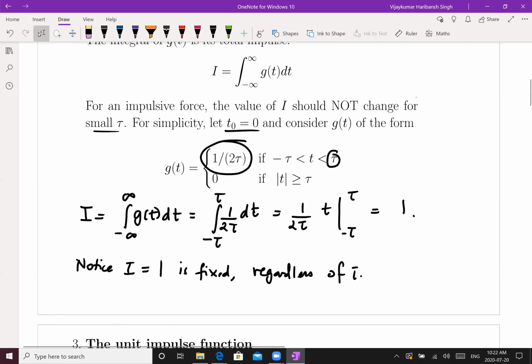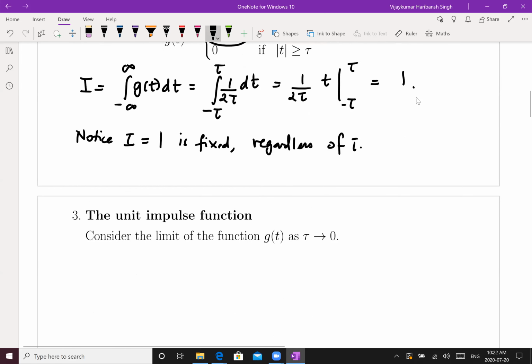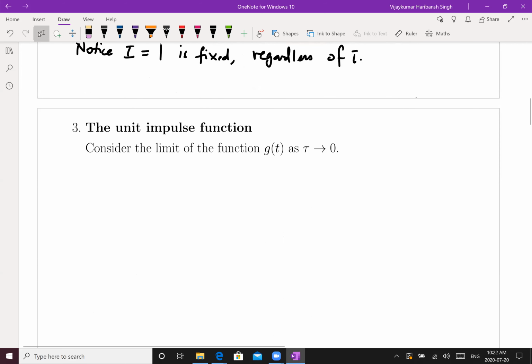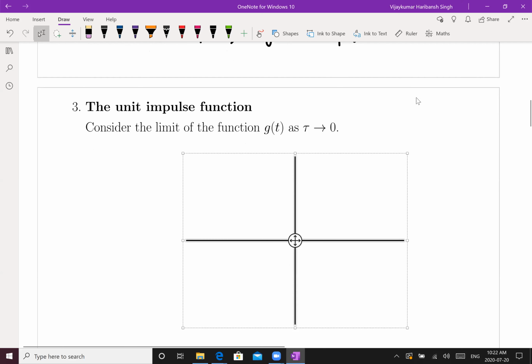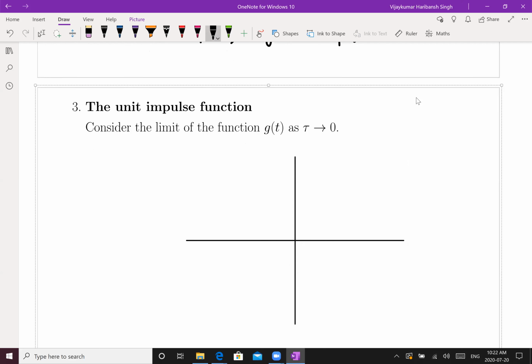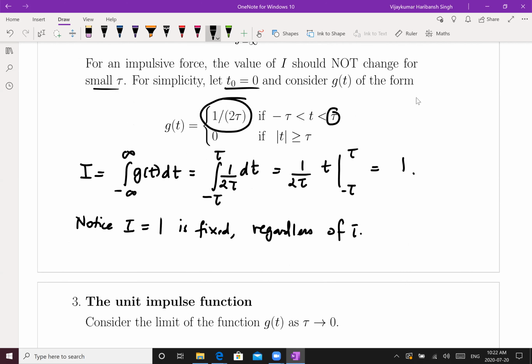So now consider the limit of this function as tau goes to 0. How will it look? Let's draw. When tau equals 2, the function is, from minus tau to tau, 1 by 2 tau.